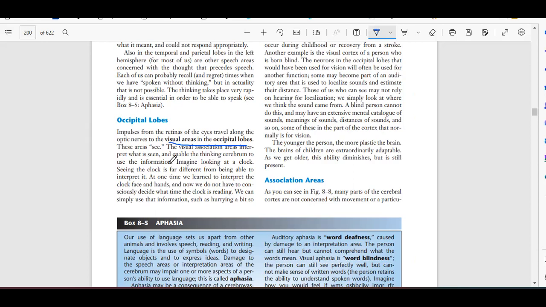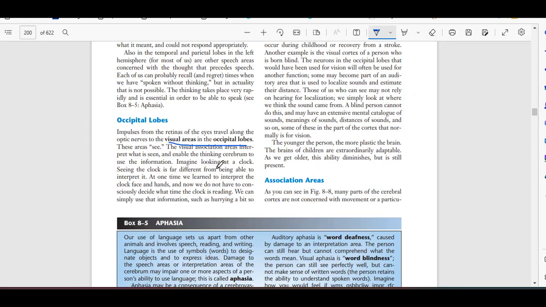Then the retina is connected to the visual area of the occipital lobe. So it will visualize and give the information about the visualization to the cerebrum, the thinking area. From where we think, it will reach from the visualization area to the thinking area.